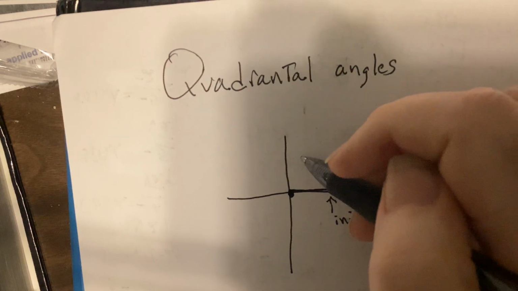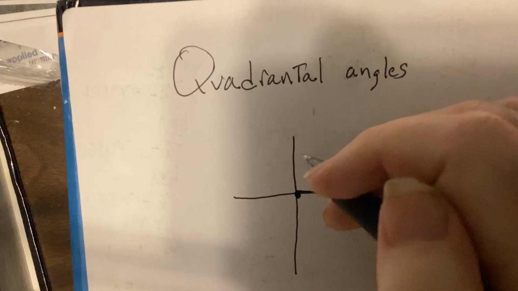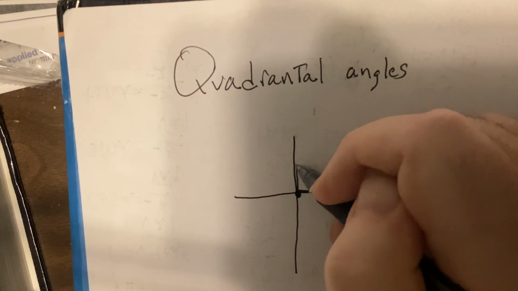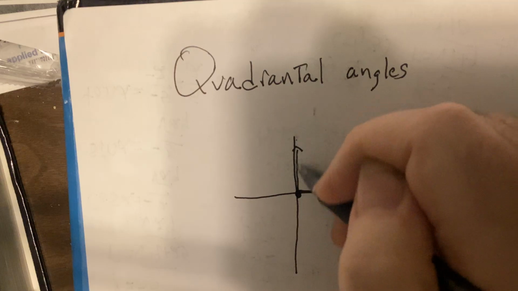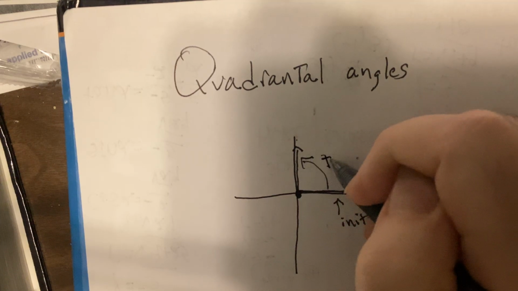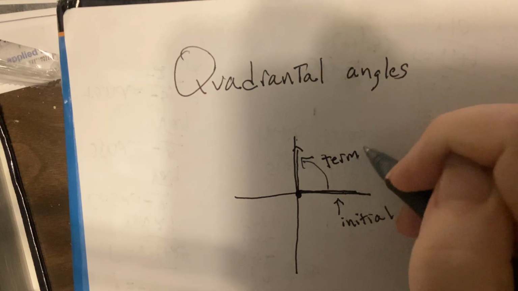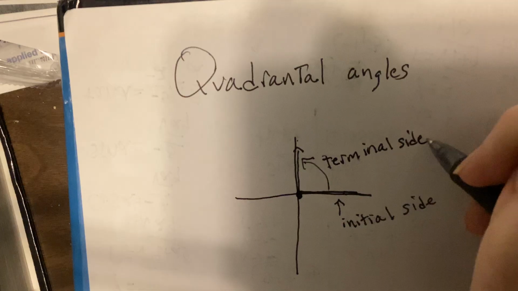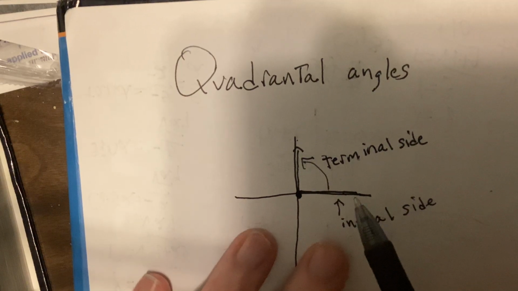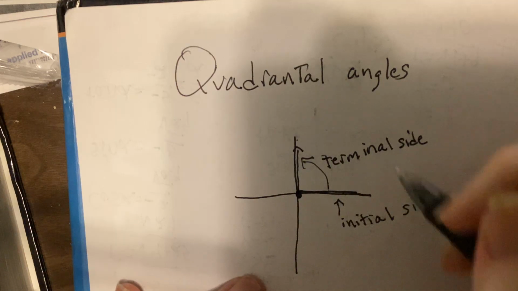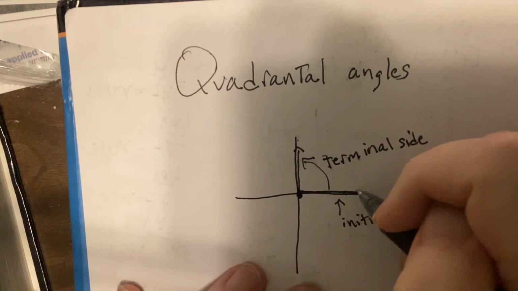Then we have the other ray that moves, and it has to be on an axis. That's called the terminal side. If it moves in this direction, that's the positive direction.